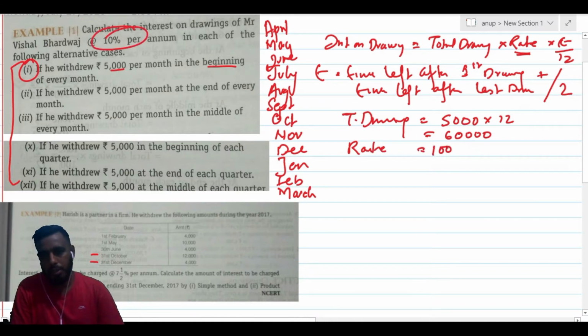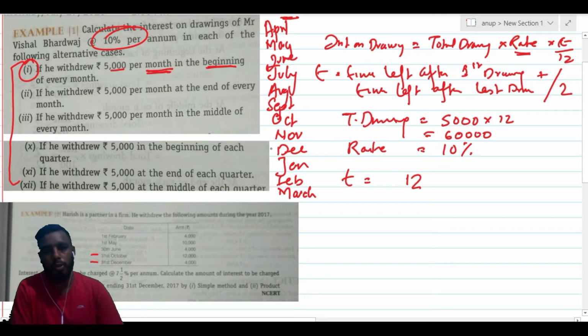Now we have to find t. For finding t we need to understand that it is withdrawn every month, in the beginning. The date of first drawing will be 1st April, since it is the beginning of every month, and the time left will be 12 months.